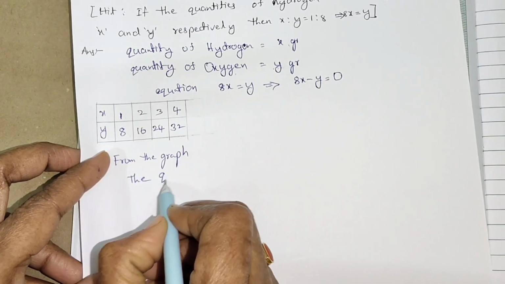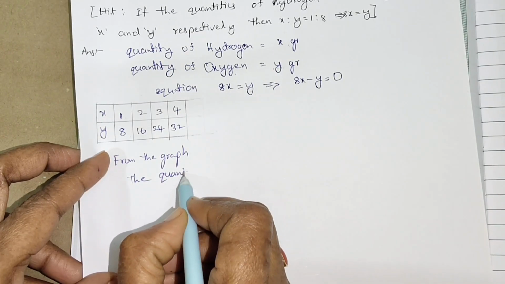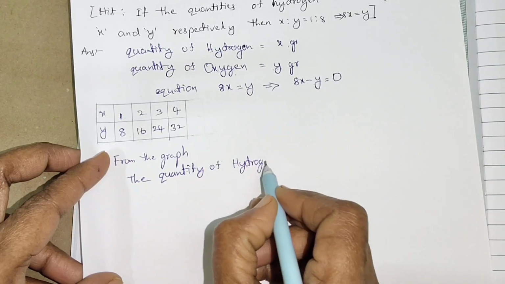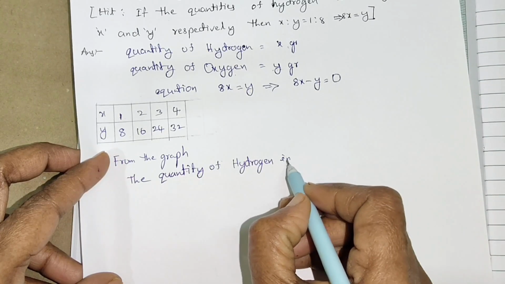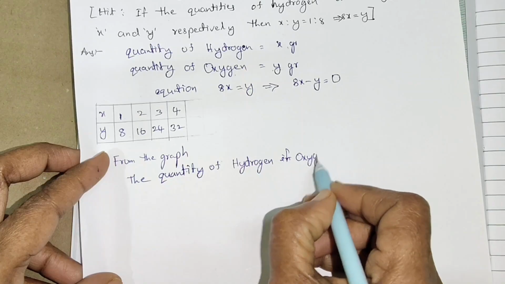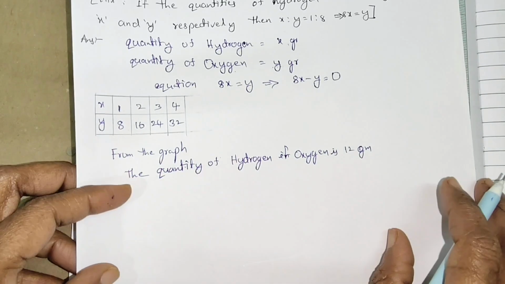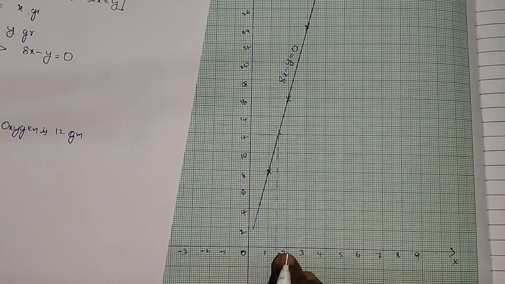The quantity of hydrogen if oxygen is 12 grams: if oxygen is 12 grams, then hydrogen is 1.5, which means 3 by 2 grams.